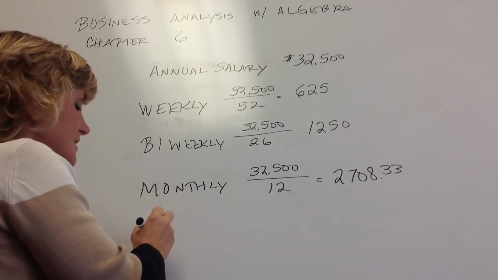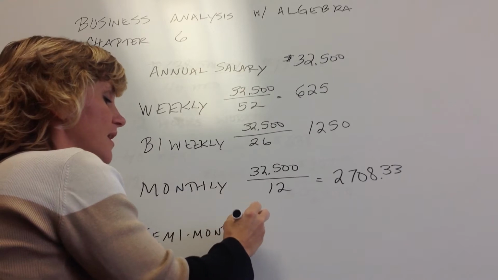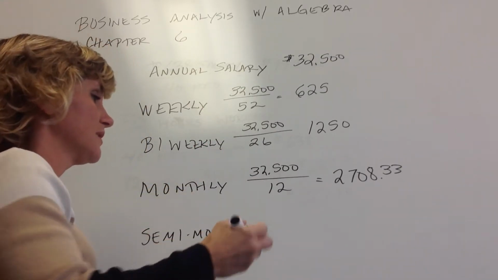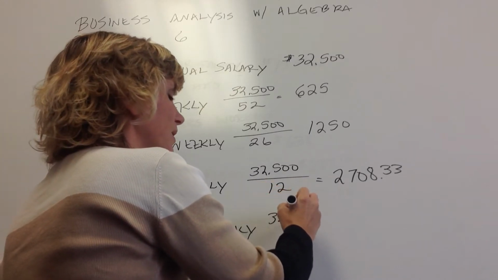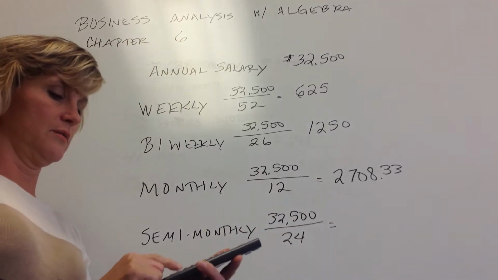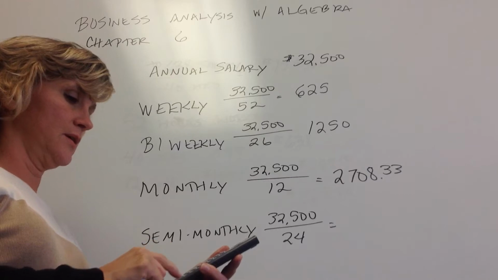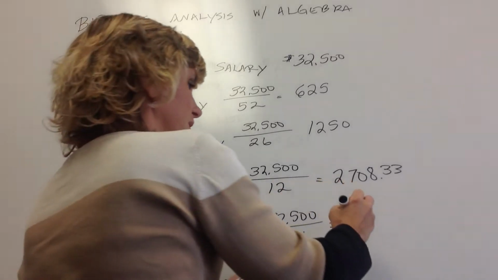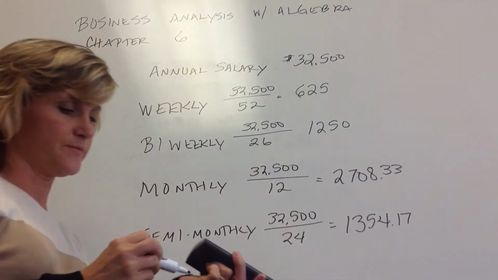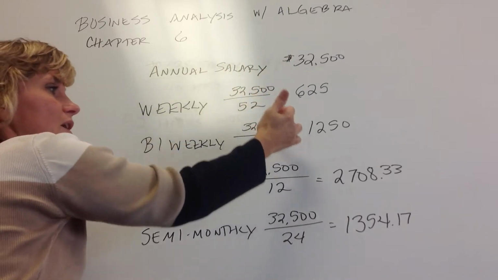If we are paid semi-monthly, and many times salaried type workers are like the 1st and the 15th or something like that, then those are paid twice a month. So then there'd be 24 pays, because twice a month, the 12 times 2. So then that would be $1,354.17.